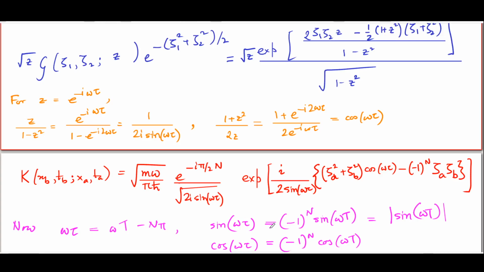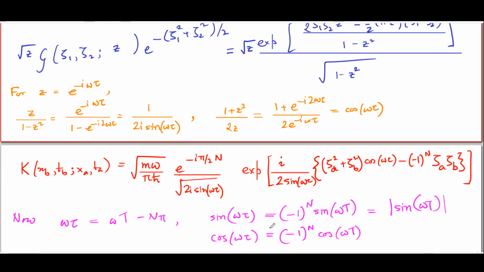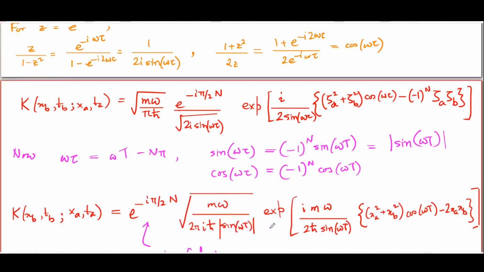And using this, plugging this back in the propagator formula, what we get is we have this extra factor of e to the minus i pi by 2 capital N, then your square root of m omega by pi h cross times twice i sine omega tau, but that's magnitude of sine omega t. This is exactly the normalizing factor that we had found out a while ago, using the argument based on the Euler product.